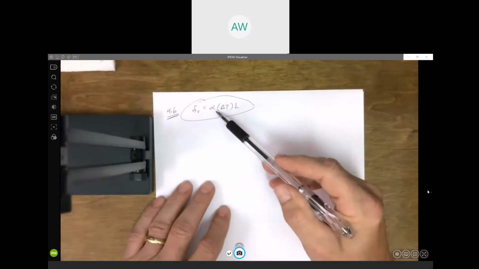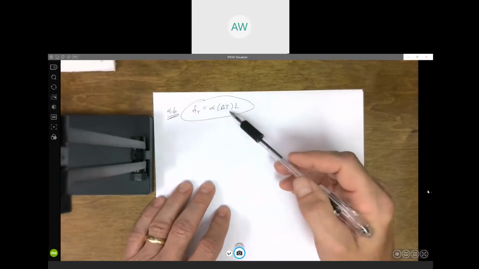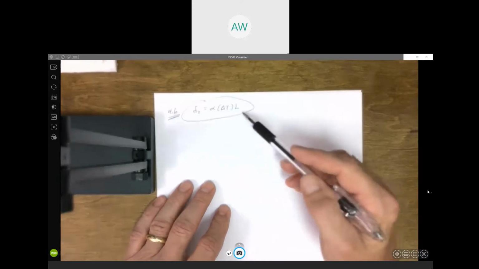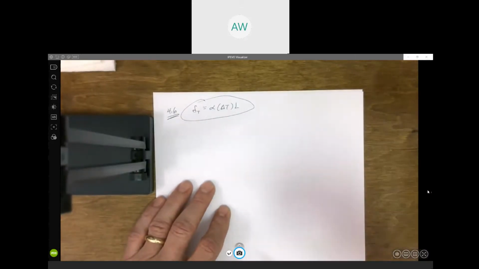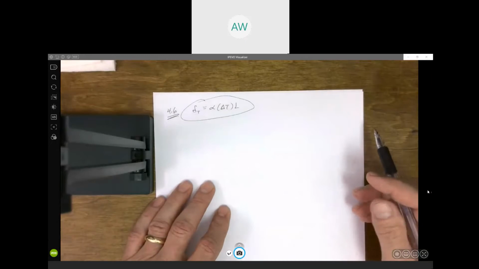Alpha is that coefficient of thermal expansion, a material property that would be given. Delta T is change in temperature. L is the length before that temperature is applied.